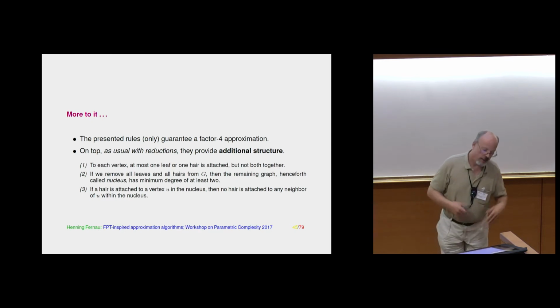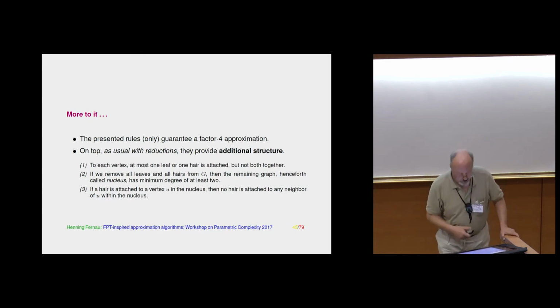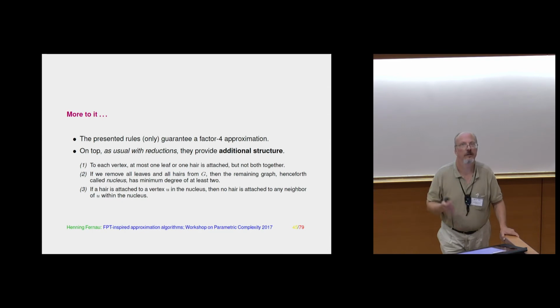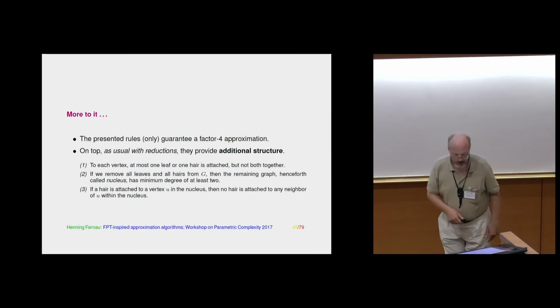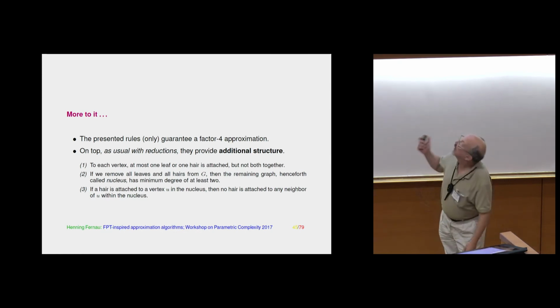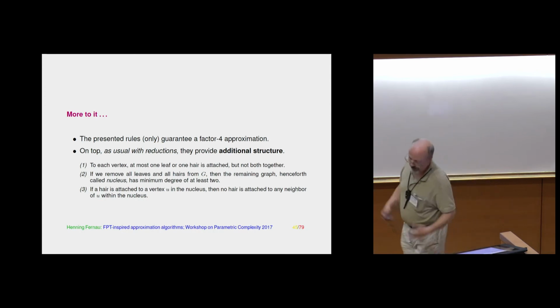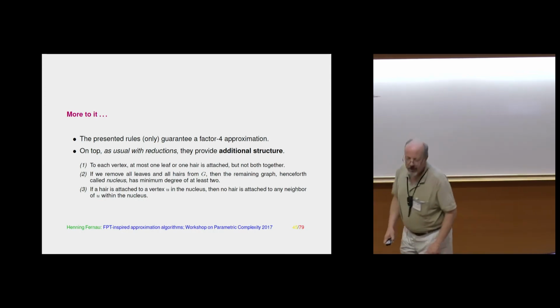And if we remove all leaves and all hairs from G, just to start with, then the remaining graph, that I call the nucleus in the paper, has minimum degree at least 2. So somehow maybe we can apply our combinatorial thingy, and some more things about the structure of hairs, how they actually interact with others.